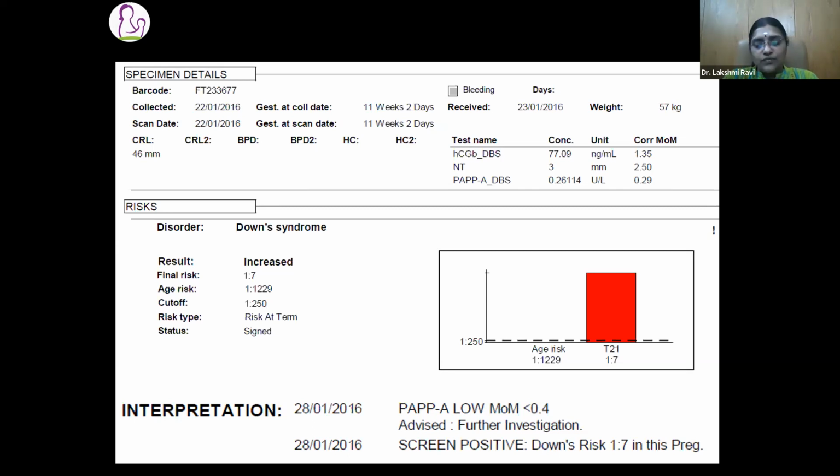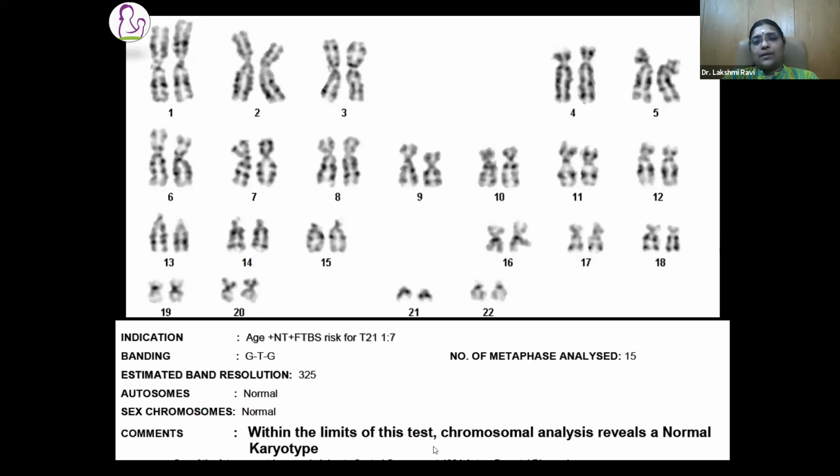And when you offer her invasive testing, I'm just showing you the test result. See, this is a normal karyotype. So this is just to tell you that even when the risk ratio is 1 in 7, whatever it is, the next step is simply to offer invasive testing and to act upon the result.